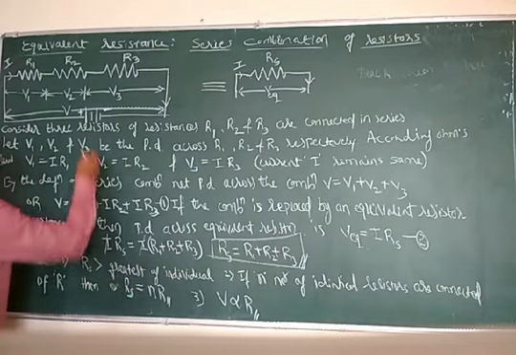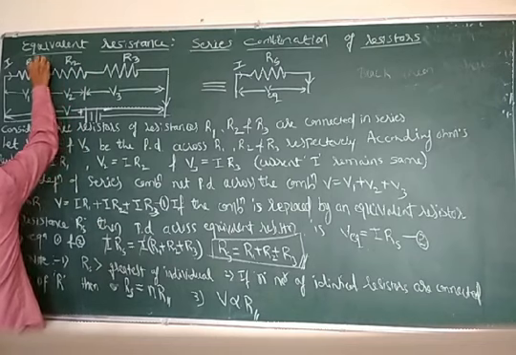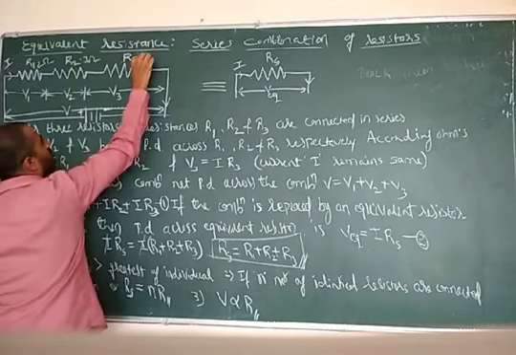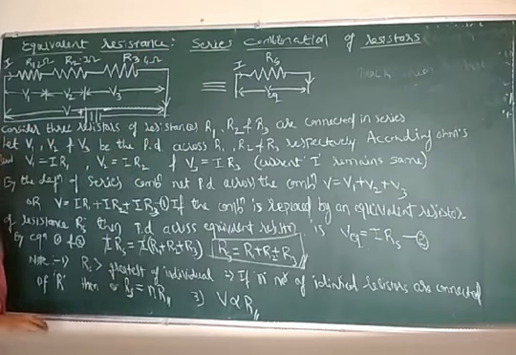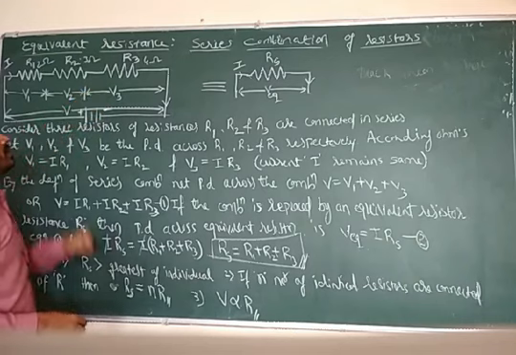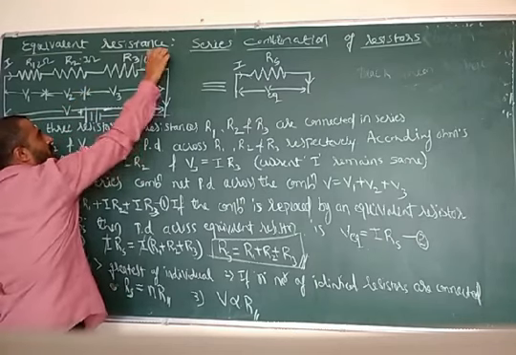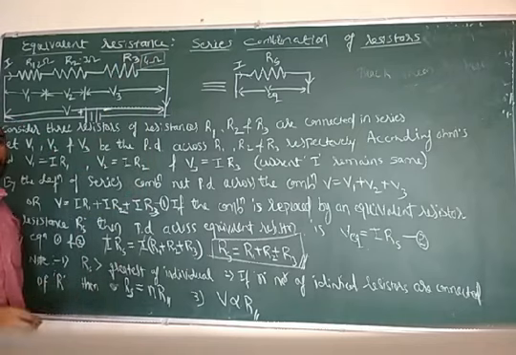For example, if I take three resistors, one of 2 ohm, another of 3 ohm, and the third of 4 ohm, three resistors of different resistances, out of these three, which single resistor has the greatest resistance? The third resistor, whose resistance is 4 ohm.